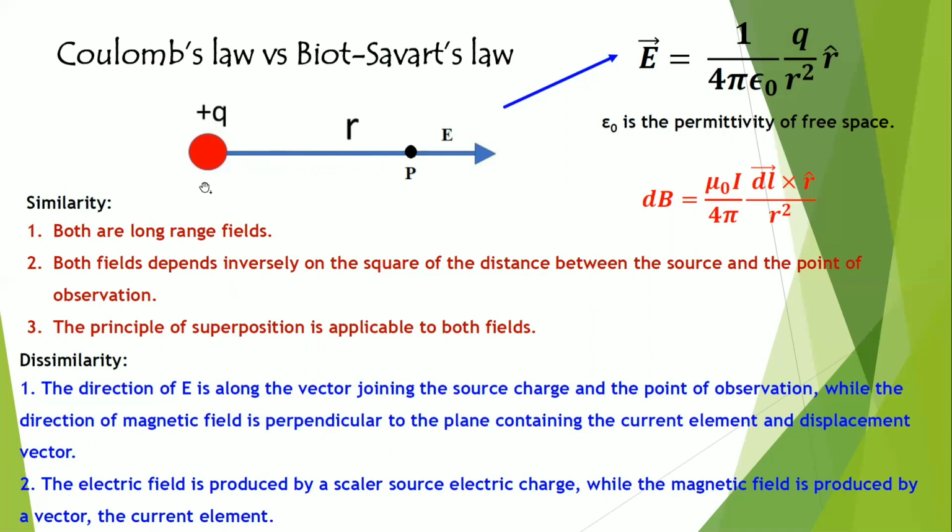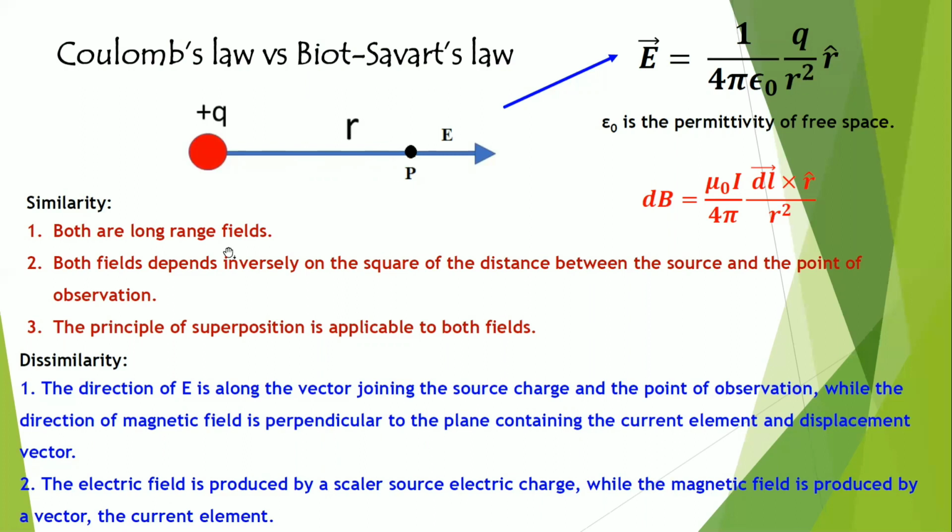And the principle of superposition of vector fields is applicable for both the electrostatic field E and the magnetic field. And what are the dissimilarities? As we know from electrostatics, the direction of E is always along the vector joining the source charge and the point of observation.